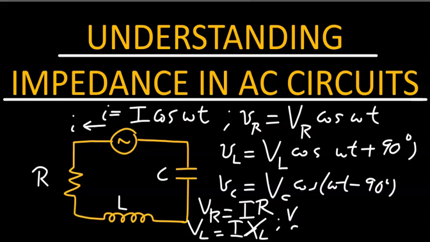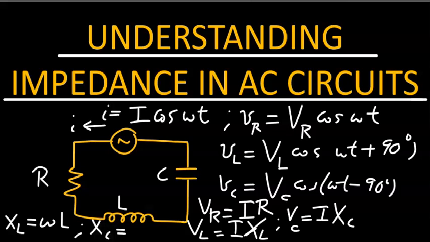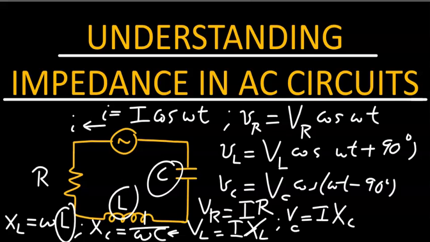And V sub C is the current amplitude times the capacitive reactance of the capacitor, where we know X sub L is omega L and X sub C is 1 over omega C, where C is the capacitance of the capacitor, and L is the inductance of that inductor.